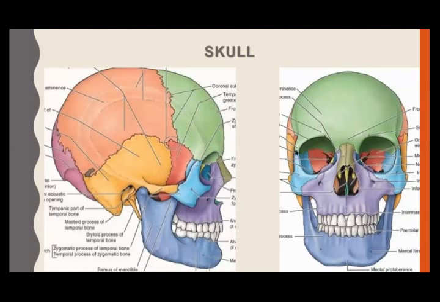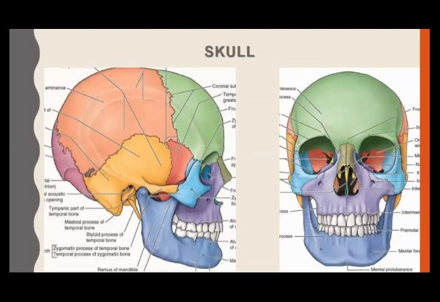Now, at the other end, the frontal bone is also coming in contact with the zygomatic bone. So this part of the zygomatic bone, which joins the frontal bone, is called the frontal process of zygomatic bone, because the zygomatic bone joins the frontal bone.